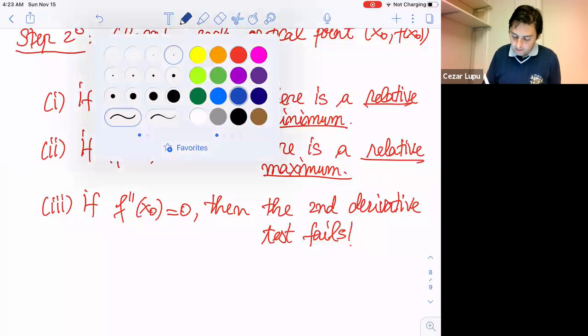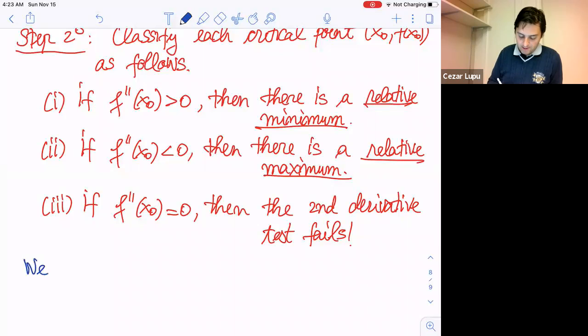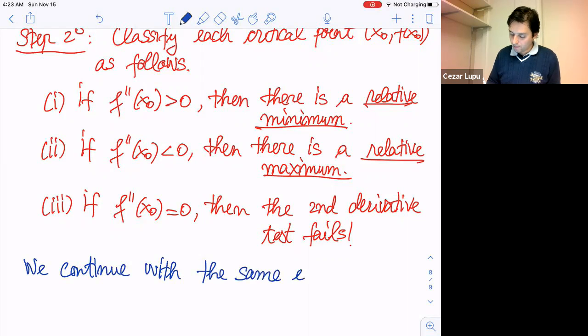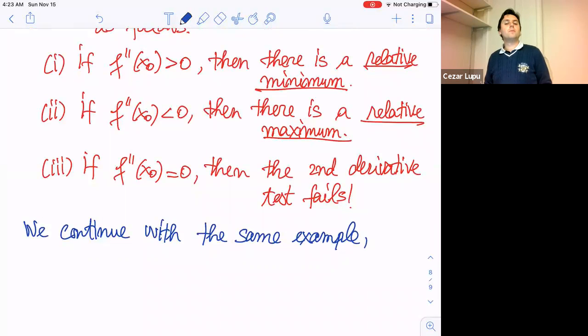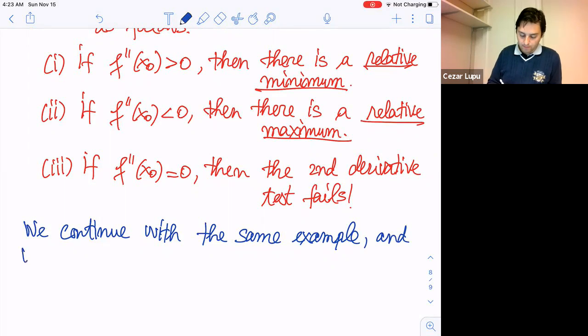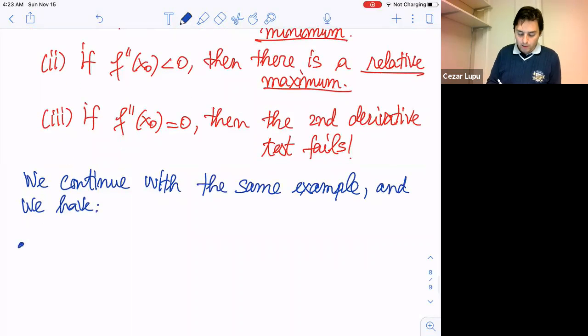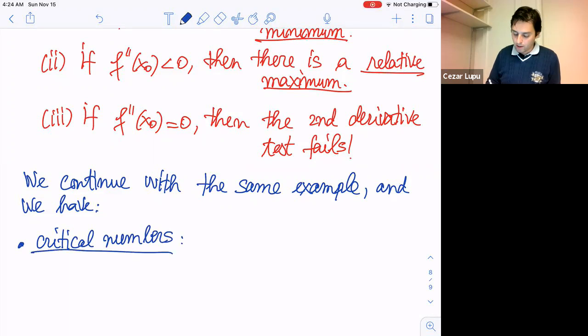Now let's continue with the same example. We would like to classify the points. Let's summarize what we have. The critical numbers are x equals -1 and x equals 3.